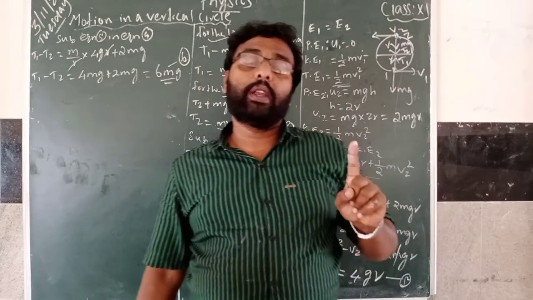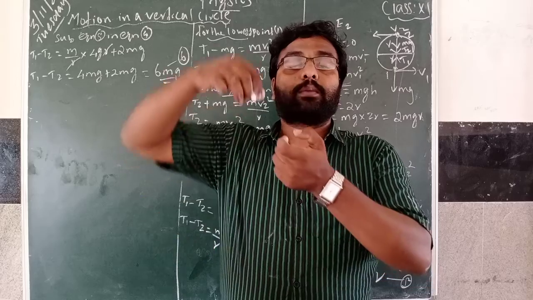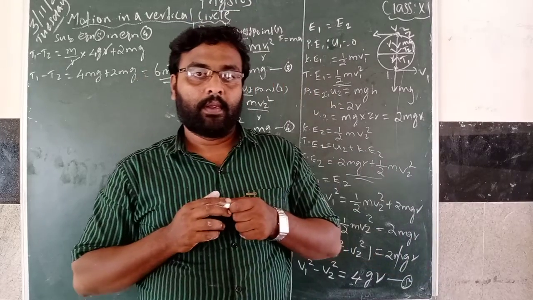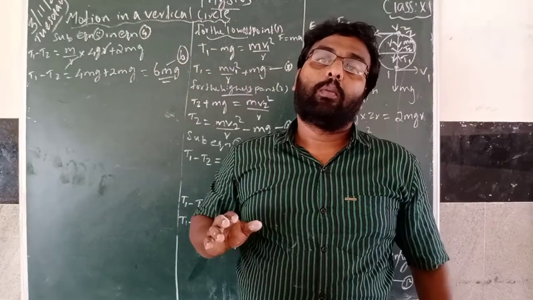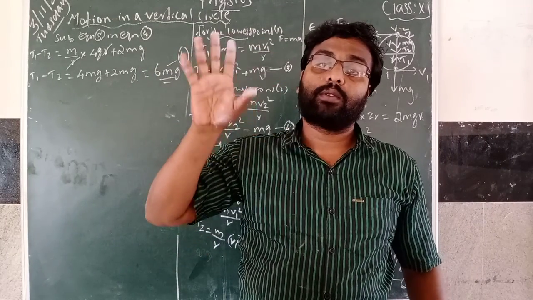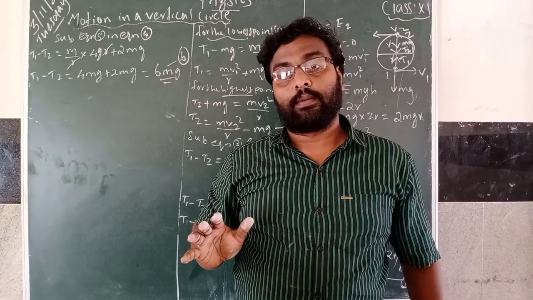If there is no minimum speed, what will happen? There will be some slack in the string. If there is a minimum speed, that's what keeps it moving in a circular path. Otherwise, if there is no minimum speed at the highest point, the string will get slack.